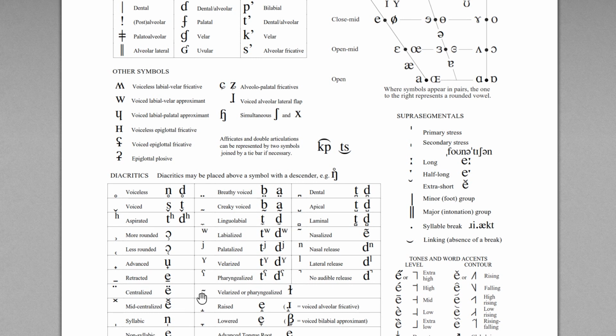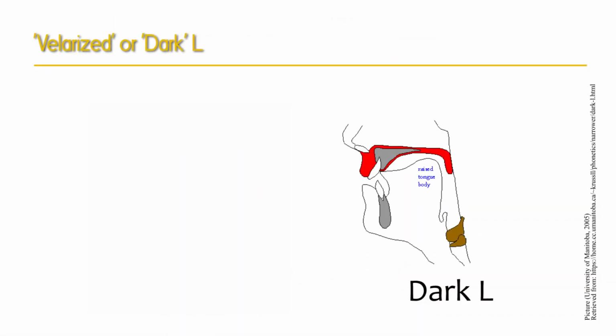You see, we have different kinds of tilde. There's a tilde here, here, and here. But I'm talking about this tilde, velarization, which sits halfway. So it gives you a dark L. How is it pronounced? It's velarized. You raise the body of your tongue, usually the back of it, towards the velum.